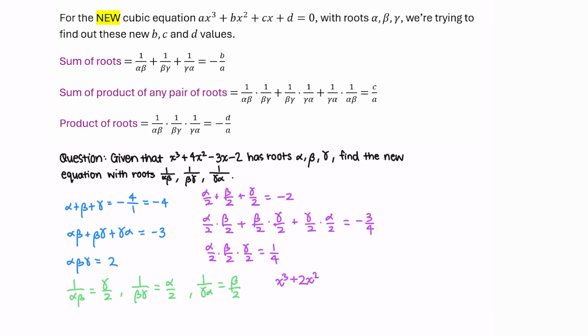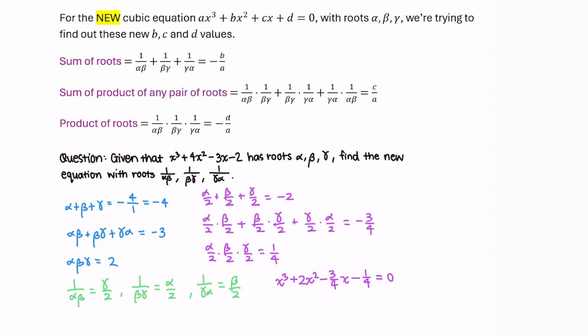So c is just negative 3/4. And don't forget your x over here. And finally for d, similar to b, we have to flip the sign. So we'll flip the sign and we'll have negative 1/4 equals 0.